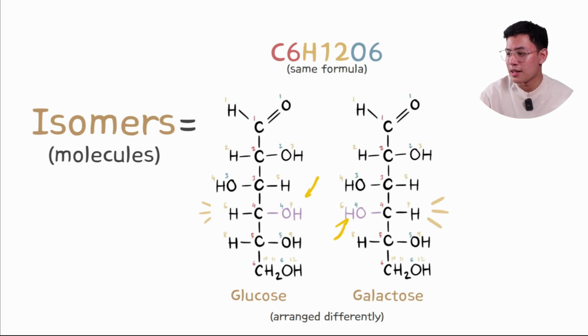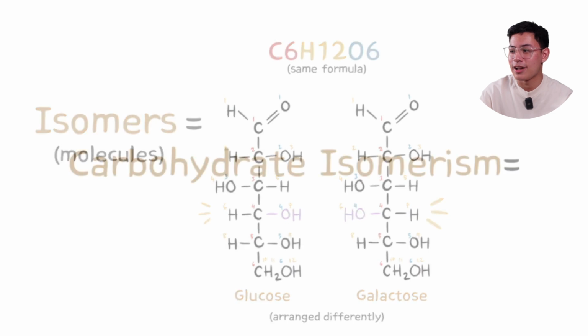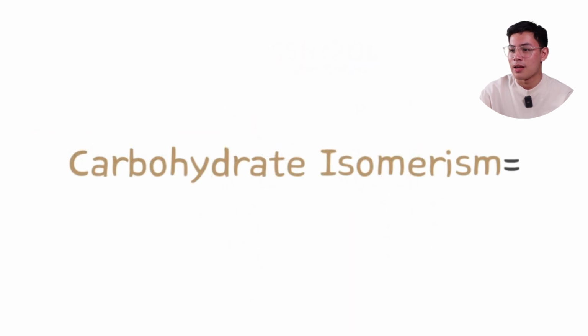This means that not only do they have the same formula, but they have a different arrangement in structure. So we can conclude that these two sugars, glucose and galactose, are carbohydrate isomers.